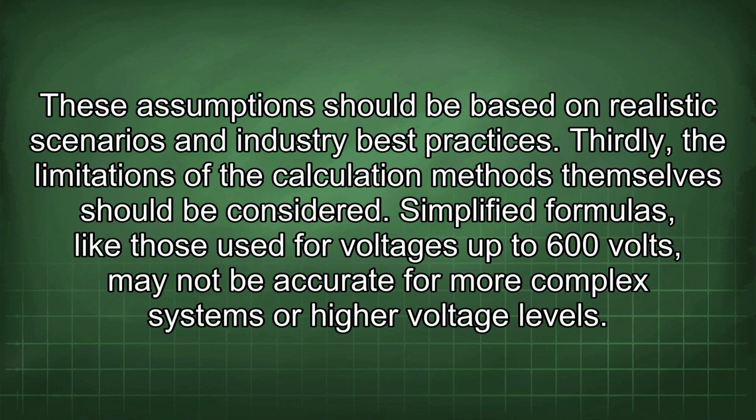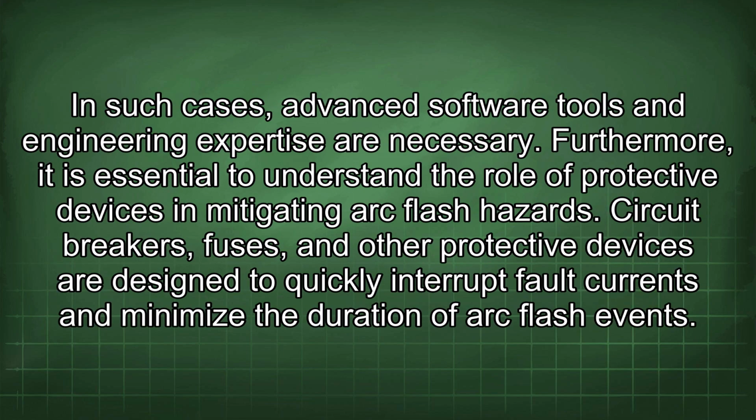These assumptions should be based on realistic scenarios and industry best practices. Thirdly, the limitations of the calculation methods themselves should be considered. Simplified formulas, like those used for voltages up to 600 volts, may not be accurate for more complex systems or higher voltage levels. In such cases, advanced software tools and engineering expertise are necessary.